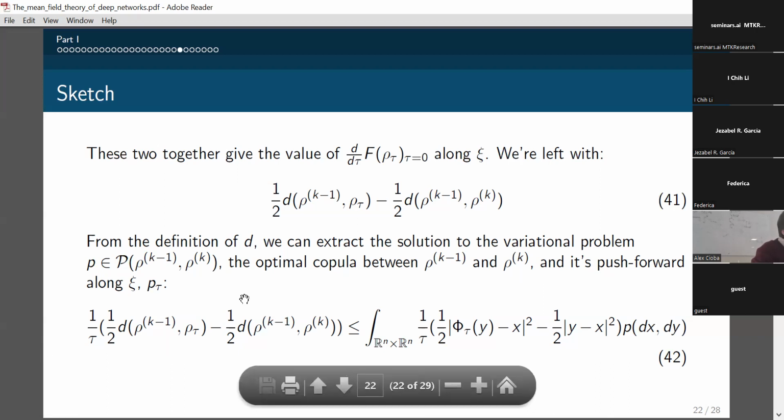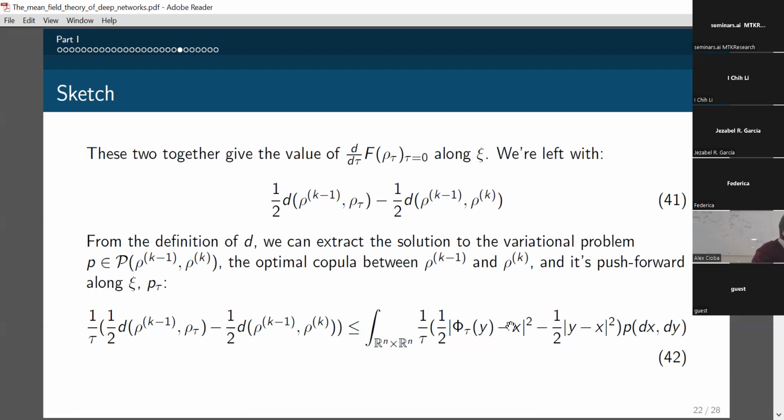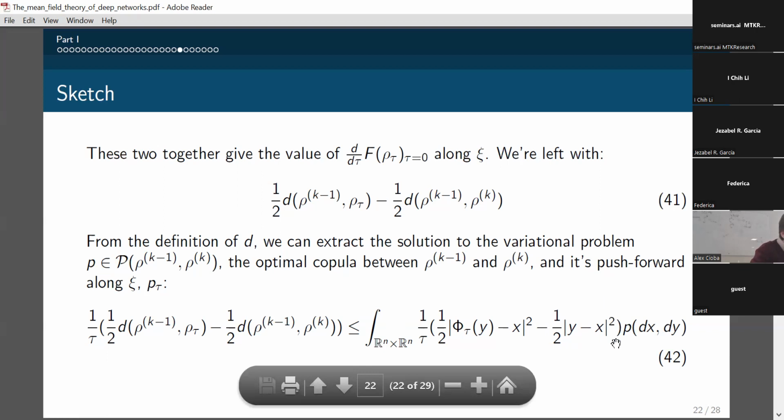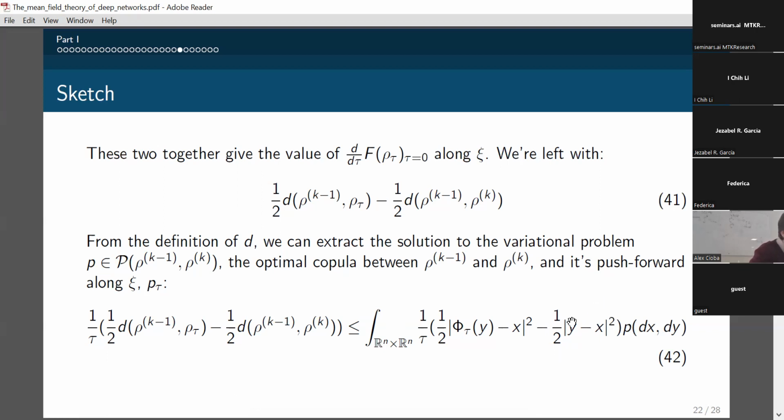And this difference is bounded above by the definition of P by the following expression involving phi tau and the difference in the integrand in the Wasserstein distance between rho k minus 1 and rho k.